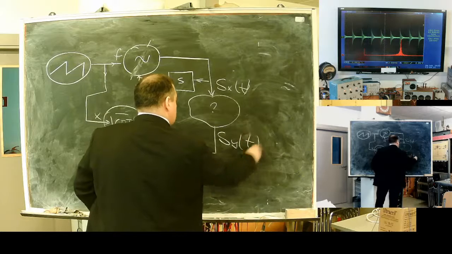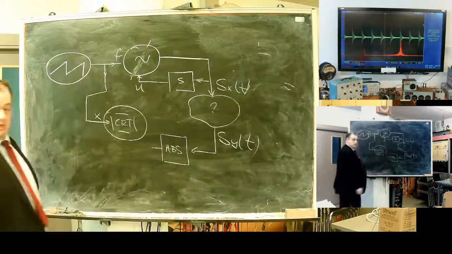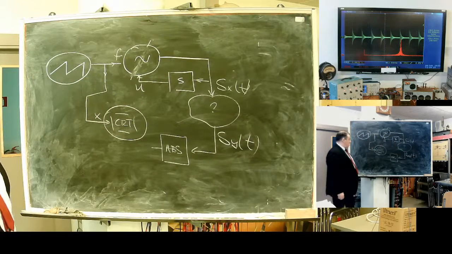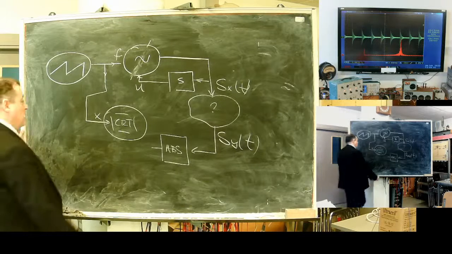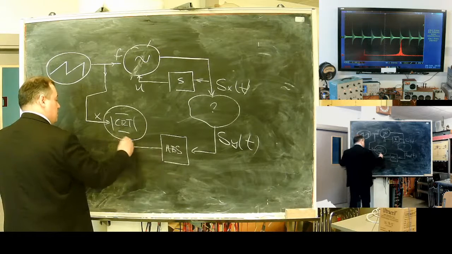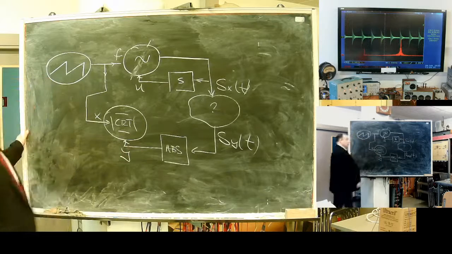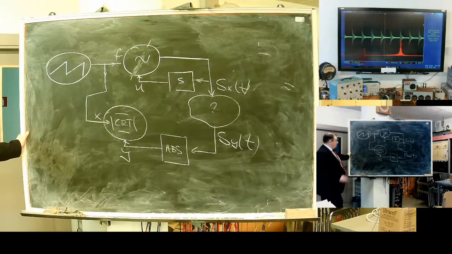The output signal of the tested object is passed through the absolute value function and supplied to the Y channel of the CRT. As a result, we will get a research figure.